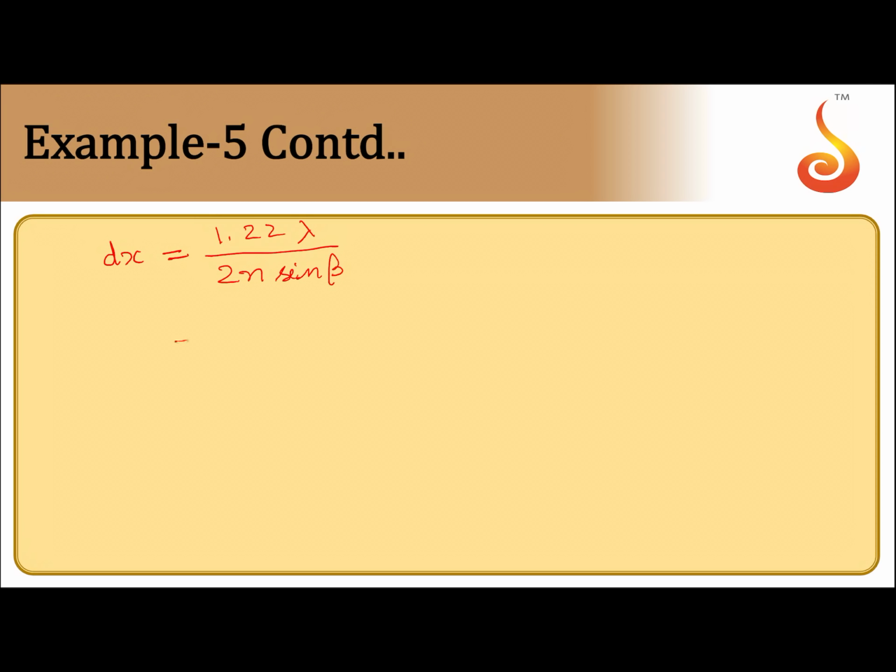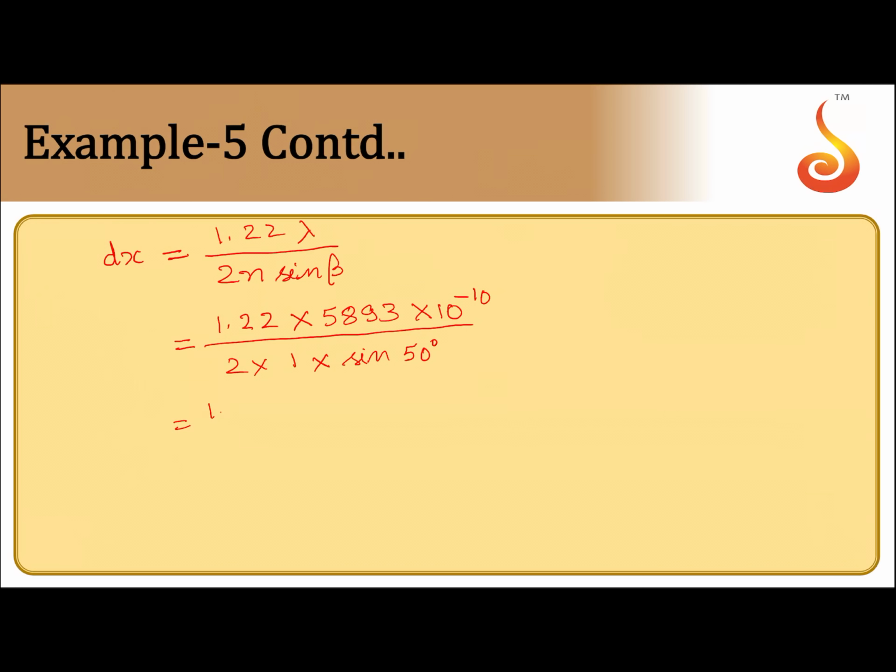Now substitute the values. 1.22 lambda is 5893 into 10 power minus 10, divided by 2 into n, which is 1, into sin beta, that is sine of 50 degree.